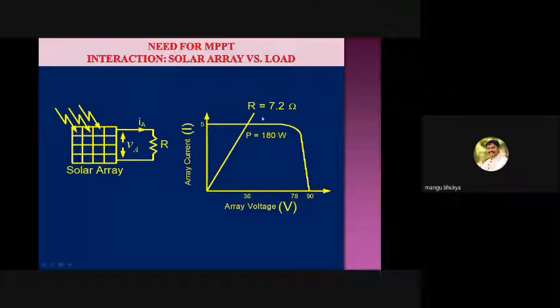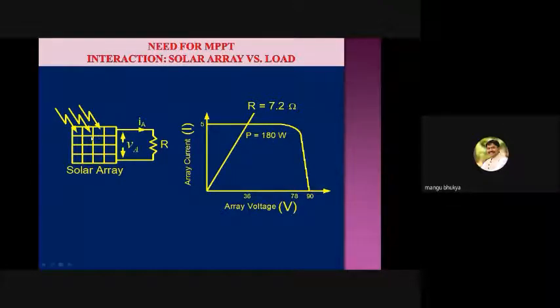So even though maximum power is available from the panel, because of the mismatch between the source and the load characteristics, we could extract only 180 watts with 7.2 ohms. This is the issue. Based on the load and the intersection with the source characteristics, we could extract only 180 watts.